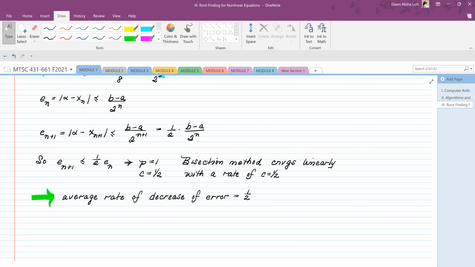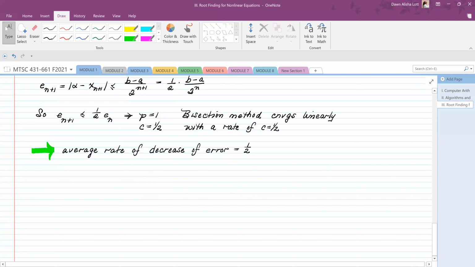So let's look at the rate of decrease of the error. So let's consider the rate of decrease of the relative error.